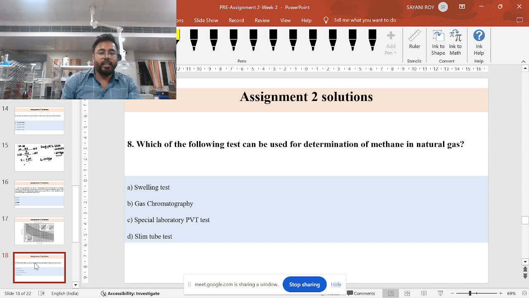Which of the following tests can be used for determination of methane in natural gas? Option A swelling test. Option B gas chromatography. Option C special laboratory PVT test. And option D is slim tube test.